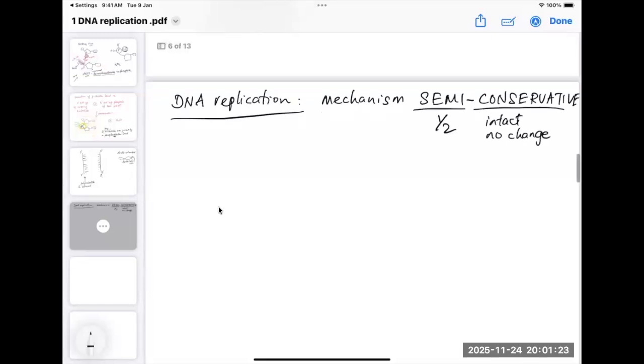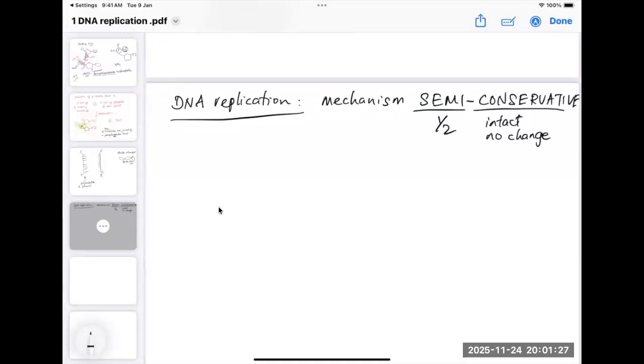So you're supposed to prove or show or explain that DNA replication is half conserved. What's the meaning of half conserved?